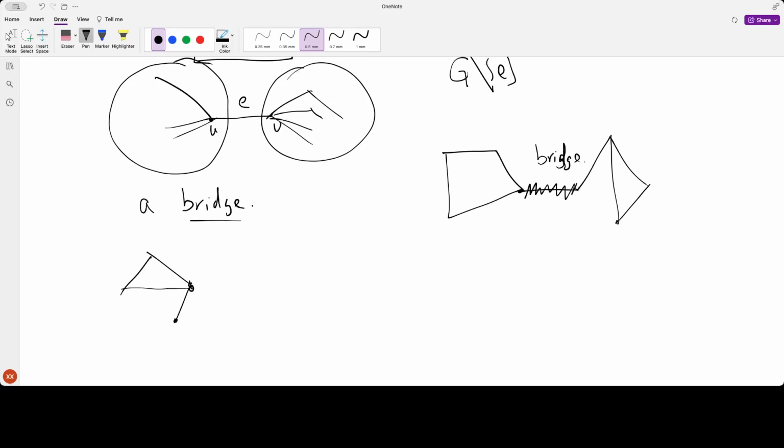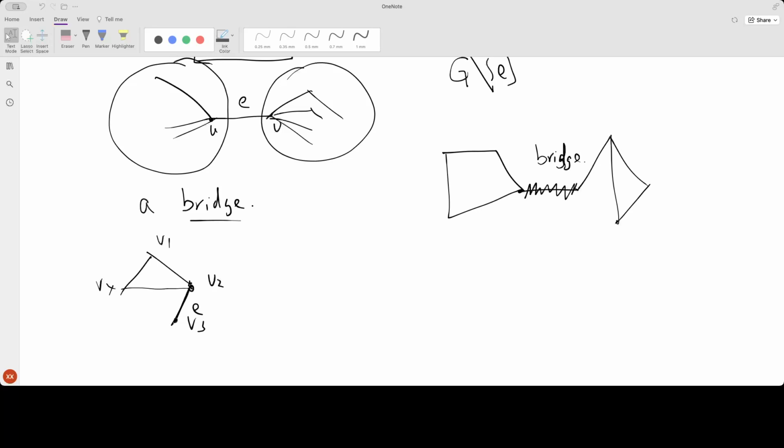This is my graph: V1, V2, V3, and V4. This edge, is it a bridge or not? Yes, you still call it a bridge.